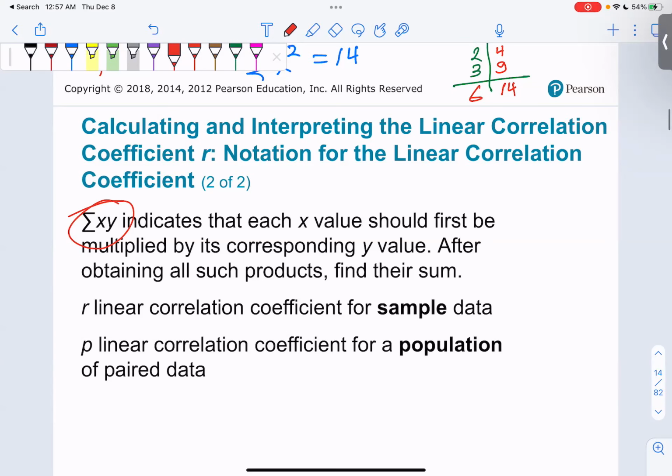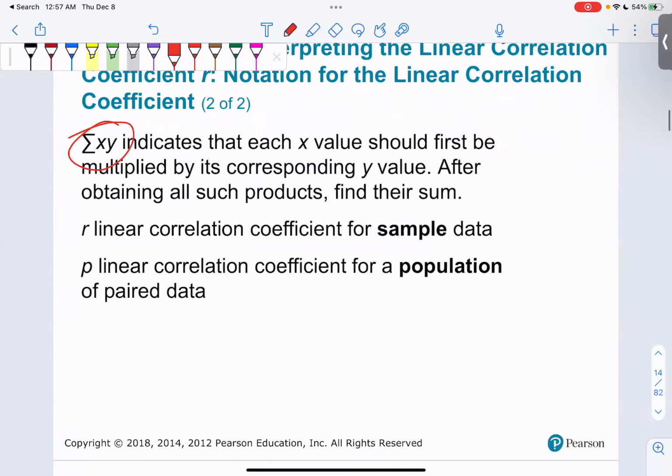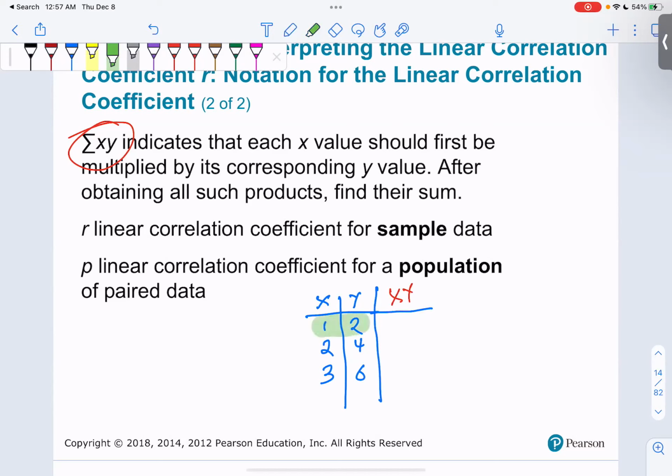And then we have the value, the summation of xy. So for this one, we take each single pair. So we have x and y: 1, 2, 3, and maybe 2, 4, 6. And then we want to take the summation of xy, so we multiply those values.